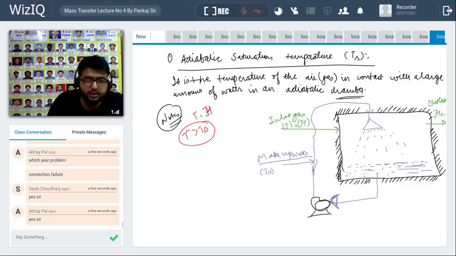Like in your desert cooler, the cooler that you use in summers, it gives you air that has a temperature lower than the atmospheric temperature. That's because of the same concept, the adiabatic saturation temperature, as a similar phenomenon occurs inside it. The water keeps on pouring down the sides, and the air keeps on passing through it. Like that in this case.